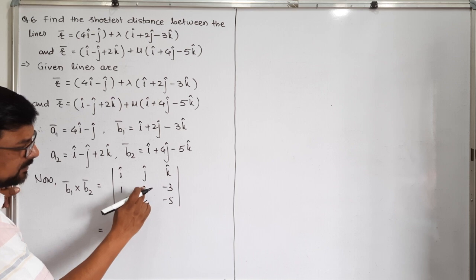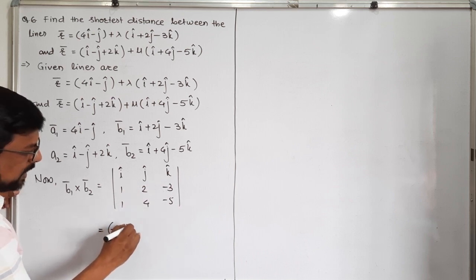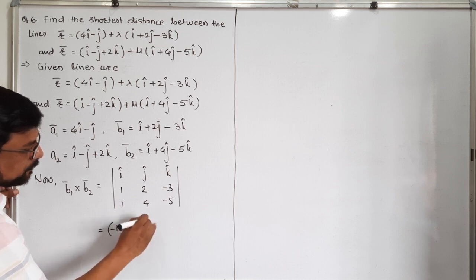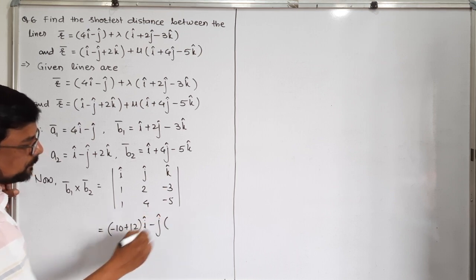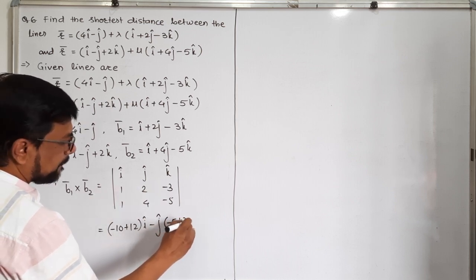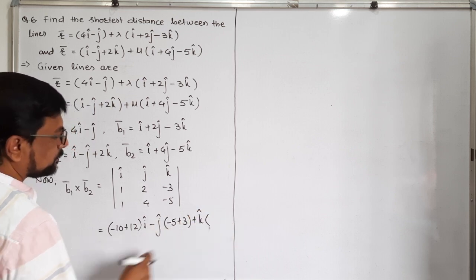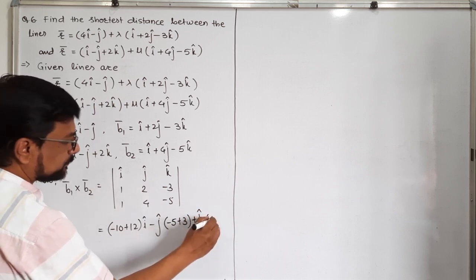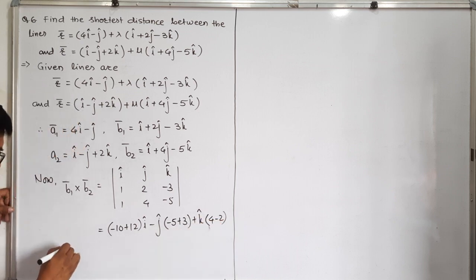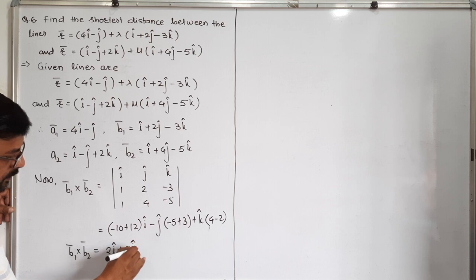This is minus 10 plus 12 into i cap, minus j cap into minus 5 plus 3, and plus k cap into 4 minus 2. Therefore, b1 vector cross b2 vector is equal to 2i cap plus 2j cap plus 2k cap.